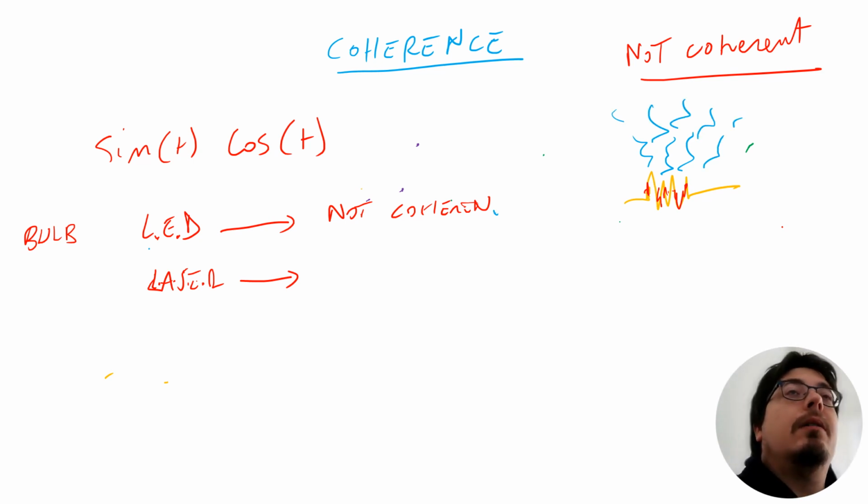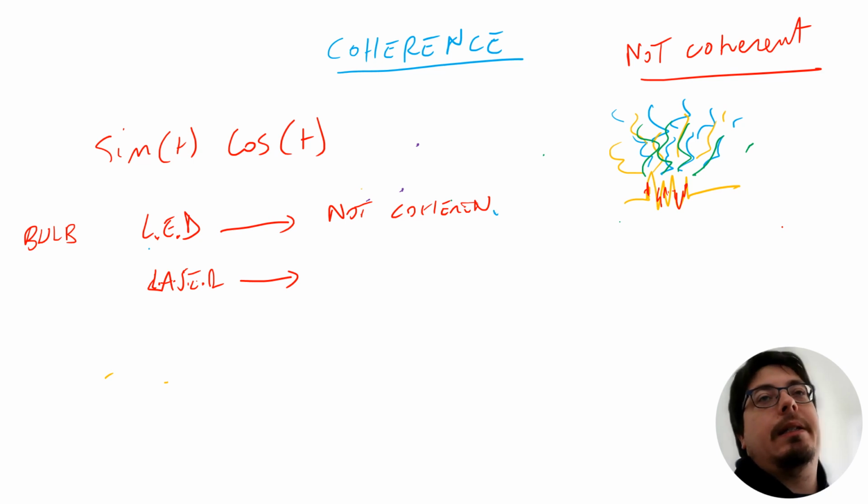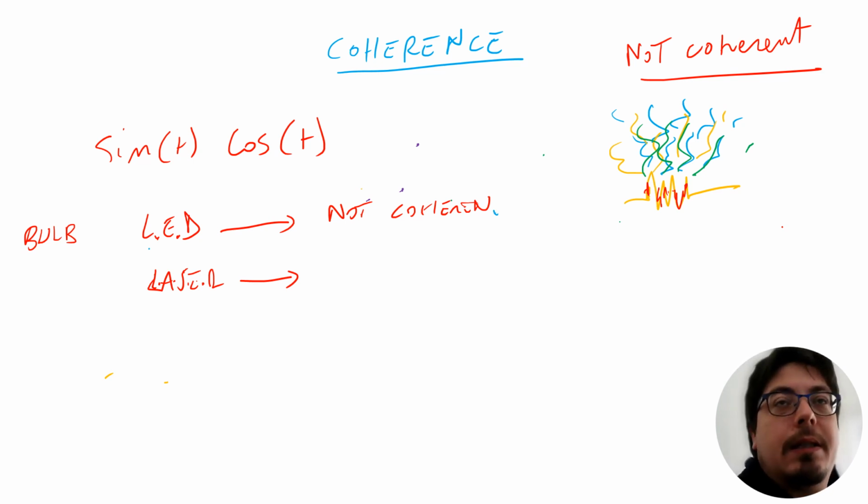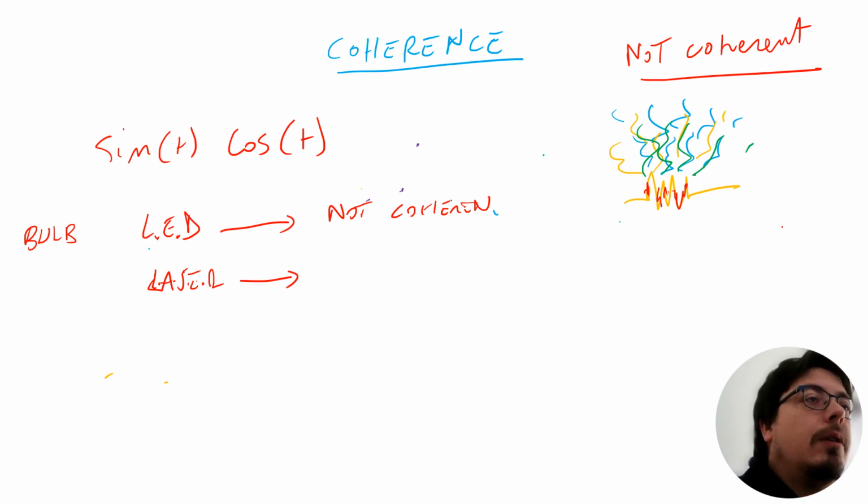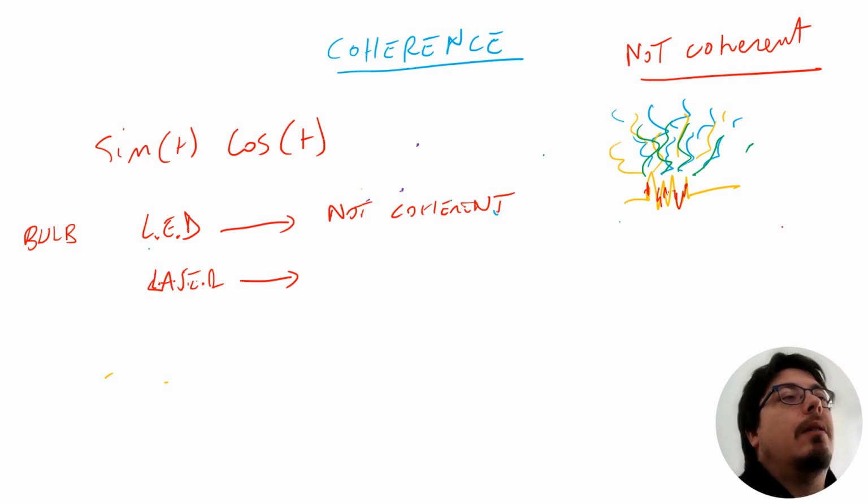Okay, the only difference is that the light emitting diode can be tuned to a precise color, while the bulb will have many colors inside, depending on the temperature, and therefore you can have white light out of a single incandescent piece of tungsten, for example, or other metals. Okay, but these are not coherent because the phase is random.